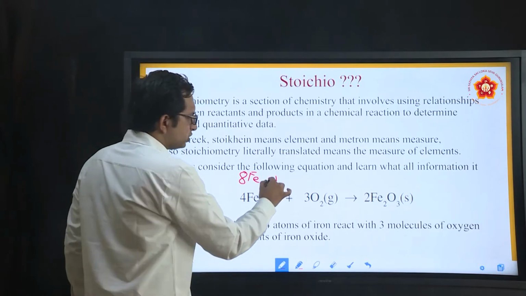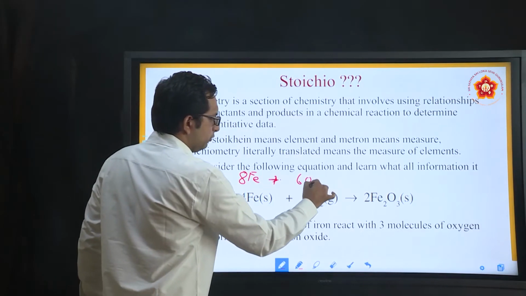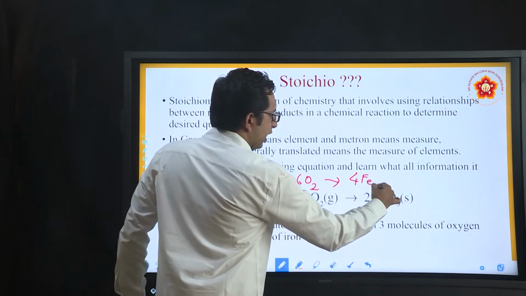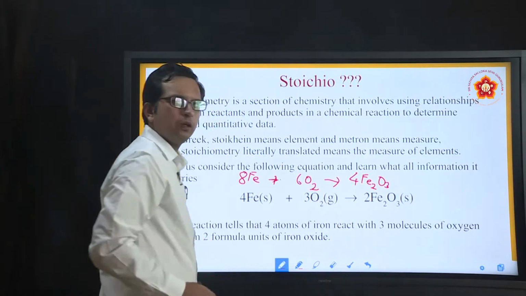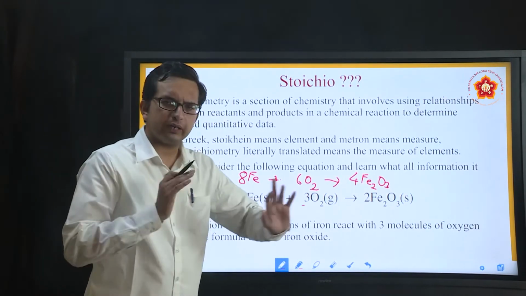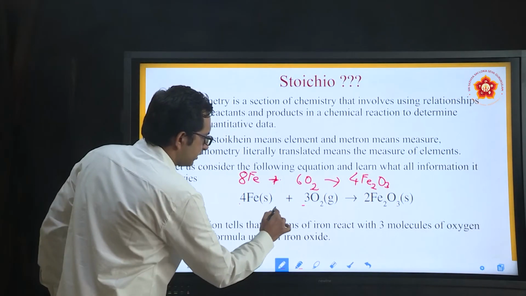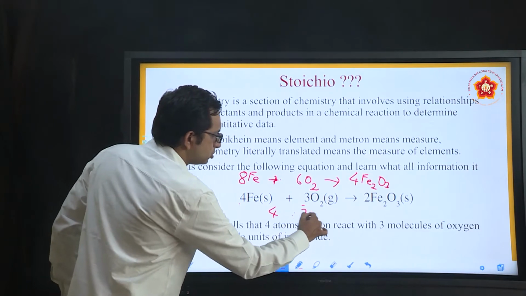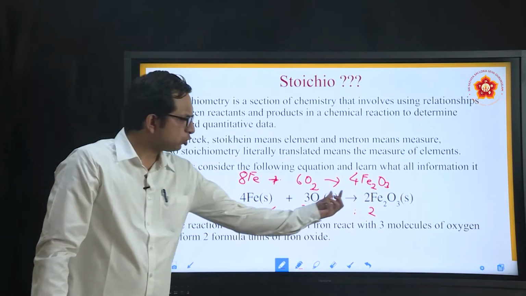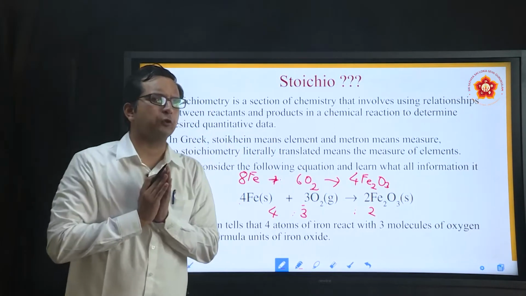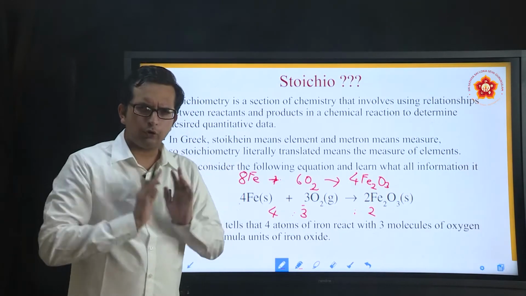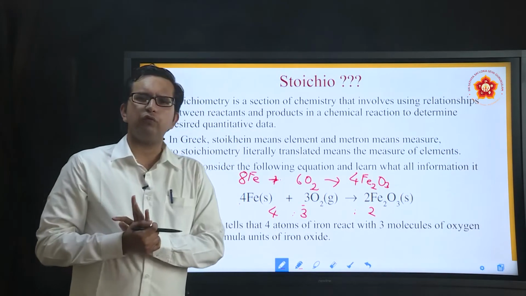The amount of oxygen required will also be doubled, which will be 6 moles of oxygen, to give 4 moles of Fe2O3. What I am basically trying to tell you is that the proportion of the reaction can be written as 4:3:2. 4:3 is the reactant proportion, and 2 is the product proportion. Irrespective of how you do the reaction or the amount you take, this is the ratio that is going to be followed.